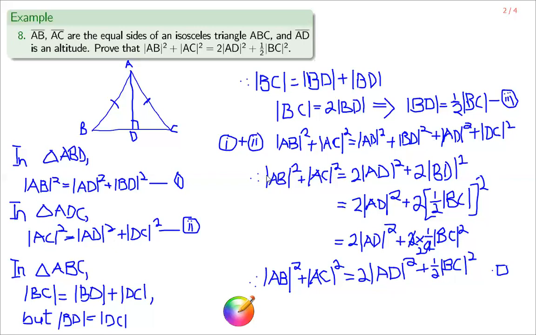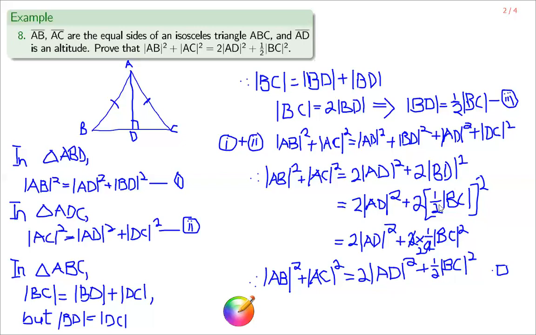Then that is therefore AB squared plus AC squared is equal to AD squared plus AD squared, adding the like terms, that will be 2AD squared plus BD squared plus DC squared. Don't forget that DC is equal to BD. So BD squared plus BD squared is equal to 2BD squared. So here is 2AD squared plus 2BD squared. Now don't forget that we have equation 3, BD equals half BC. So I substituted BD for half BC.